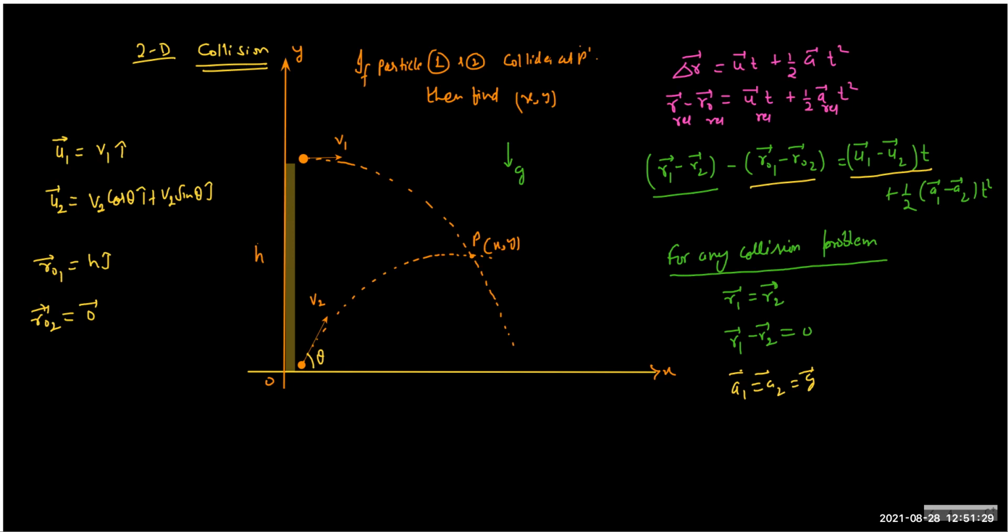That x is v1 minus v2 cos theta, and y is v2 sin theta minus... Sir, I got the answer as v1 t minus v2 cos theta t as x, and for y I got h minus v2 sin theta t.